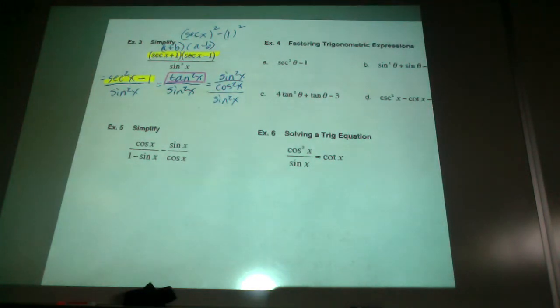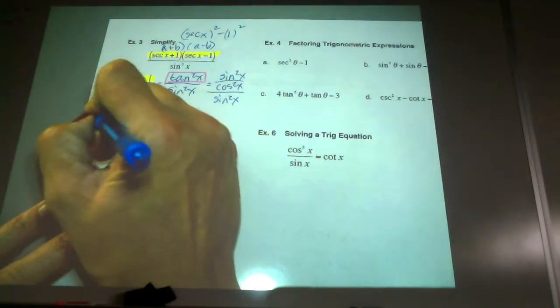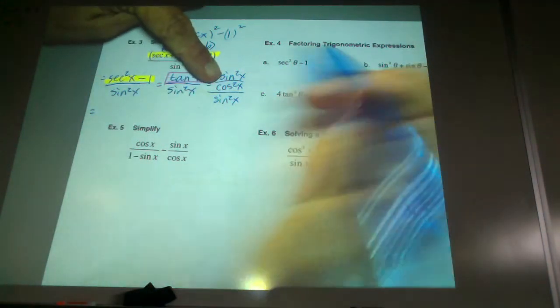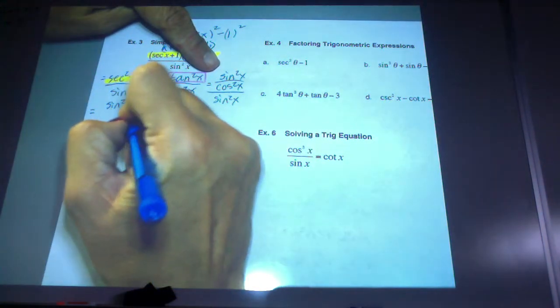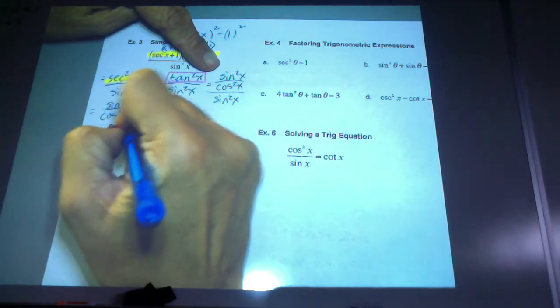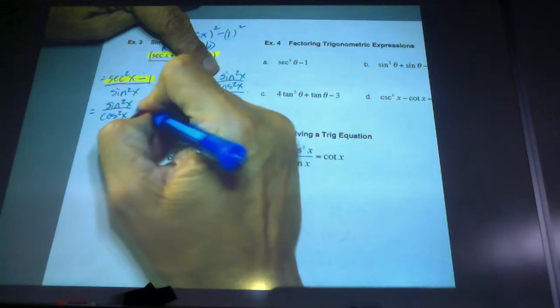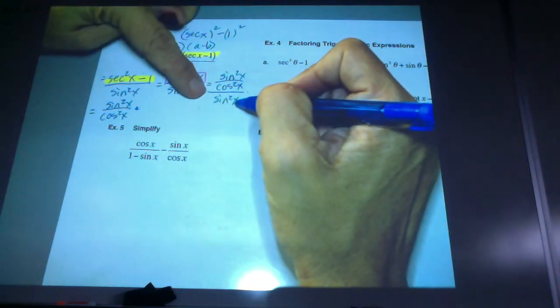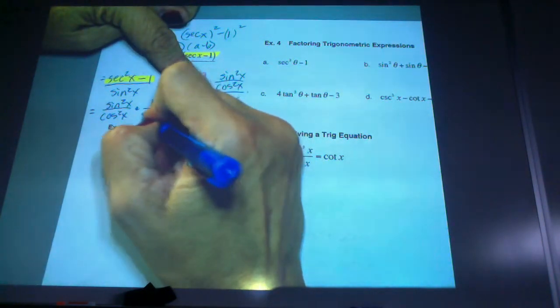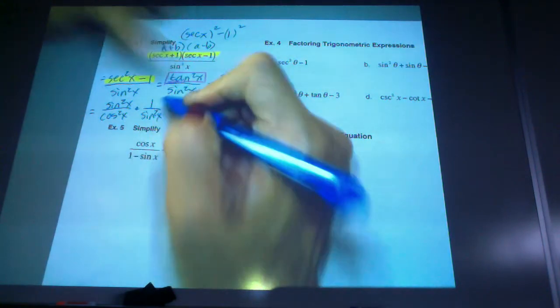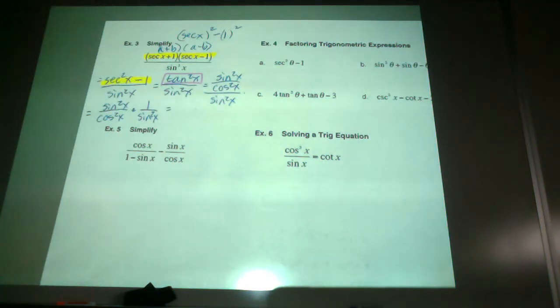We have a fraction and a fraction. What do we normally do? Take the numerator, sine squared of x over cosine squared of x, and multiply it by the reciprocal of the denominator. So that reciprocal would be 1 over sine squared of x. Do you see why we did that now? What can I do?